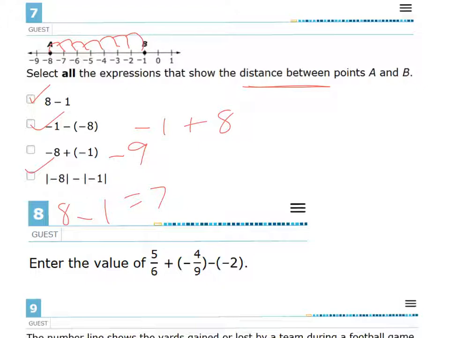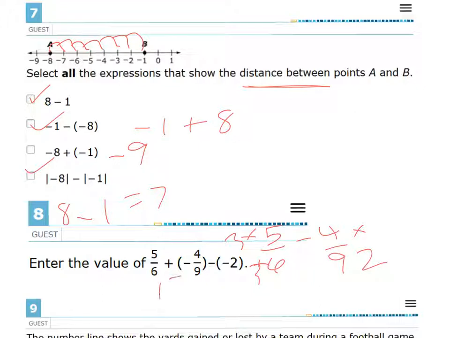Now for question 8, it says enter the value of 5/6 plus negative 4/9 minus a negative 2. Now, to answer our question, we need to first get a common denominator. So 5/6 minus 4/9, we're going to multiply by 3 and by 2.